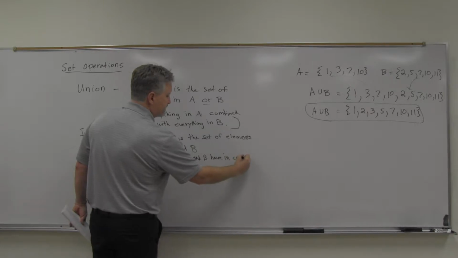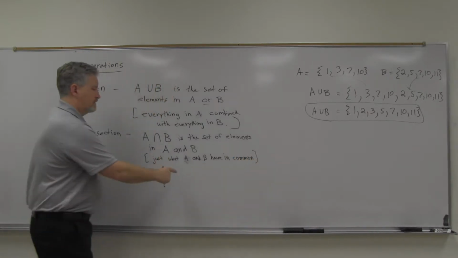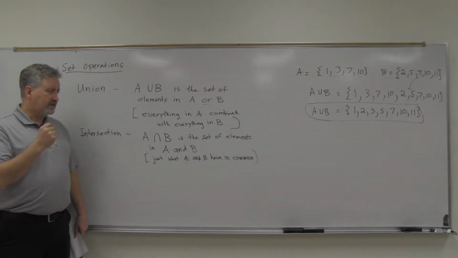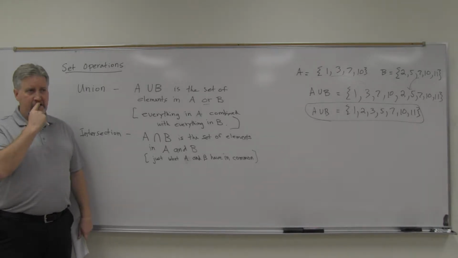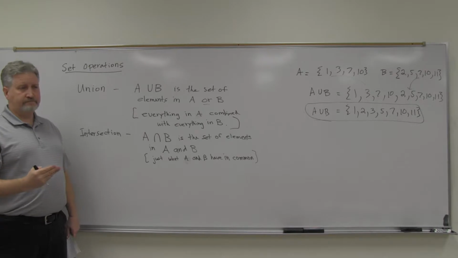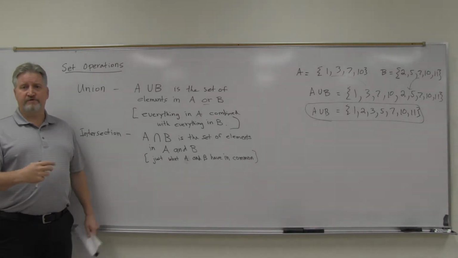It's the common elements. Or another way to think of it, it's what is in both sets. It has to be in A intersection B, that set, it has to be in both sets. Not just one or the other, it has to be in both. It's what they have in common.